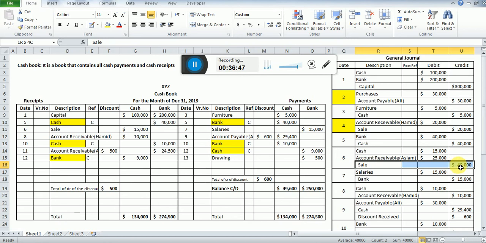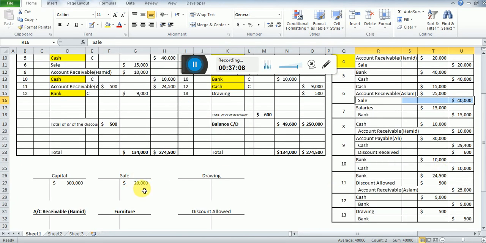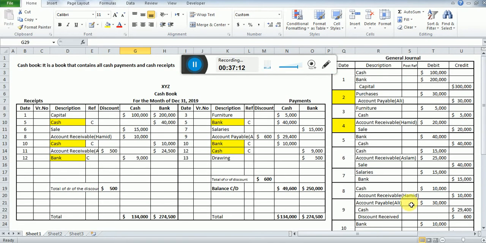The sale account again credited $40,000. $15,000 is credited because of cash, and $25,000 credited because of account receivable. Simply I'm putting $40,000 in total. So the sale account here is credited $40,000.